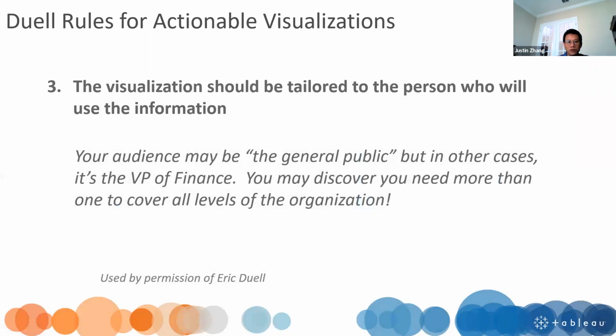Number 3, the visualization should be tailored to the person who will use the information. Your audience may be the general public, but in some cases they may be only the VP of finance or just some particular group of people. You may discover you need more than one to cover all levels of the organization.